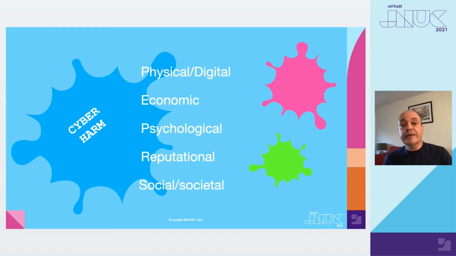In the psychological theme, impacts such as individuals being left depressed, embarrassed, shamed, or confused are listed, while reputational impacts can include a loss of key staff, damaged relationships with customers, and scrutiny from the media. Finally, on a social or societal level, there's a risk of disruption to daily life, such as an impact on key services, a negative perception of technology, or a drop in internal morale in organizations affected by a high-level incident.